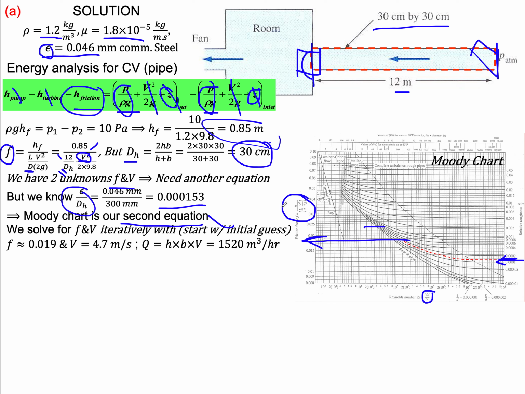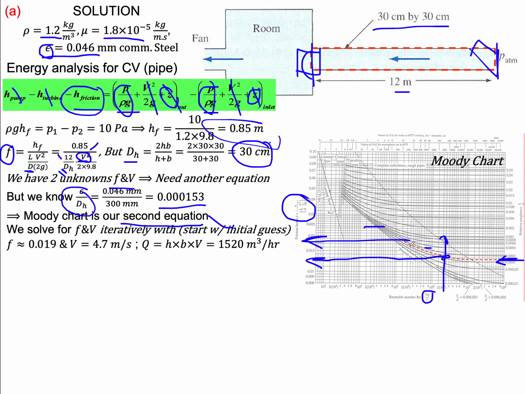And then from that, I'm going to get a velocity, right? So I found my F, I find a velocity. From a velocity, I compute a Reynolds number, and I'll find out that my Reynolds number is going to be here. So my F is too high. So let's say I picked this curve, and then this would be my corrected F, and I keep iterating.